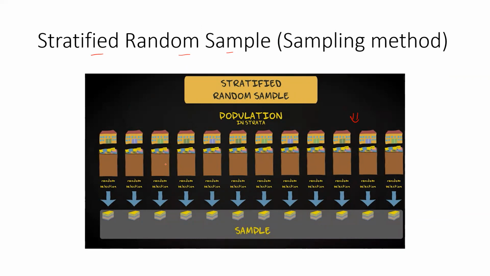For example, say we have 12 clusters. From the first cluster it picks like 20 students, from the second 20 students, from the third 20 students, and so on, until we have 200 students in total, right? This is the stratified random sampling method.